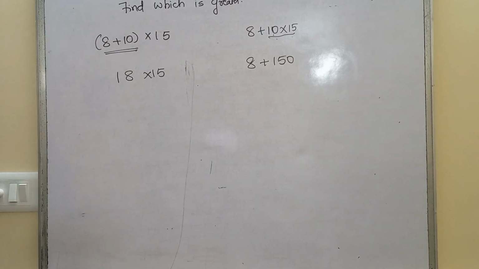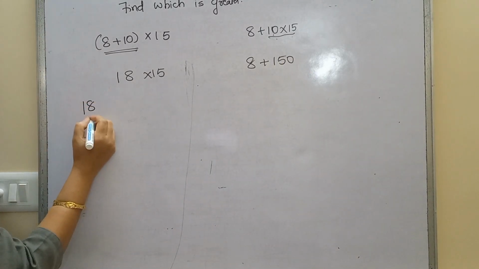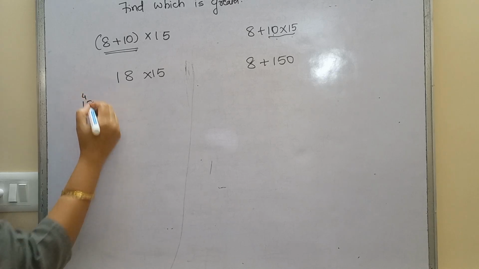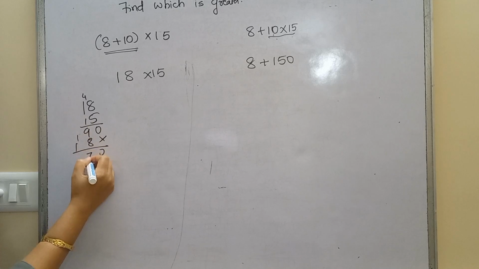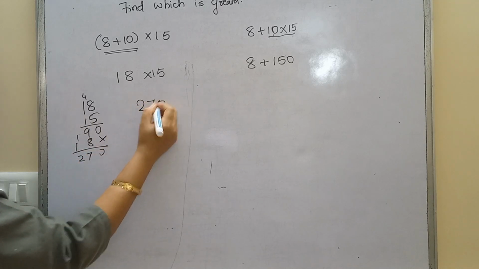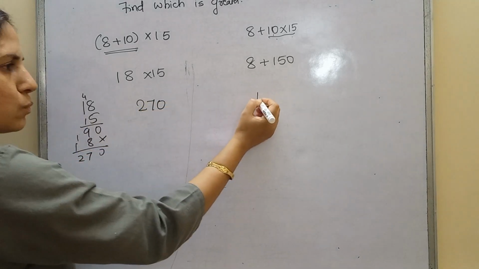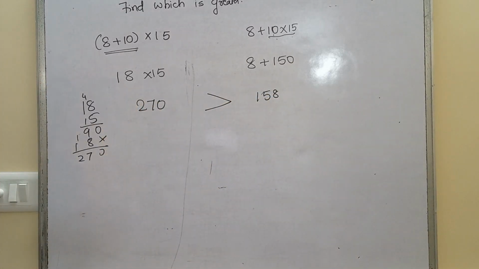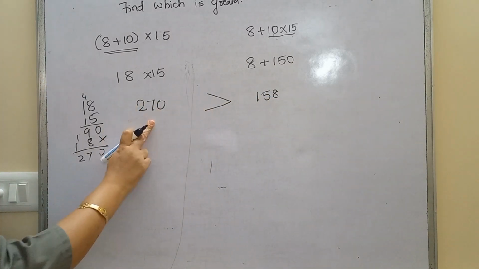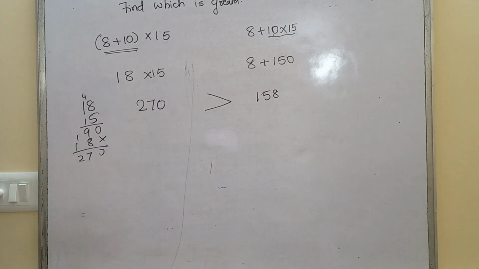Let's multiply and check which one is bigger. 15 into 18 is how much? That is 270, and this is just 158. I think this one is bigger. The crocodile will eat the bigger number.